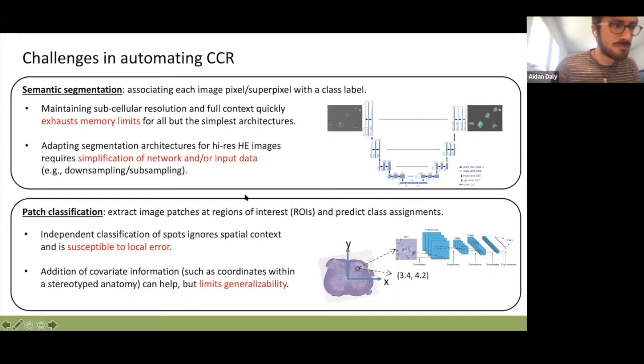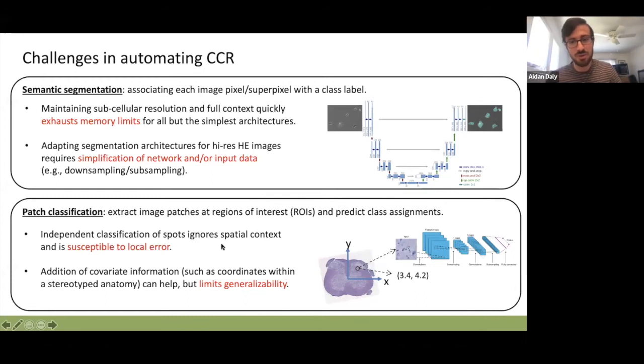The other approach is patch classification. This approach decides to go fully local. If segmentation tries to be as global as possible, patch classification is as local as possible. We extract one image patch at every region of interest, so it could be at the locations of our ST probes, and we run it through a CNN that eventually predicts the class assignment.